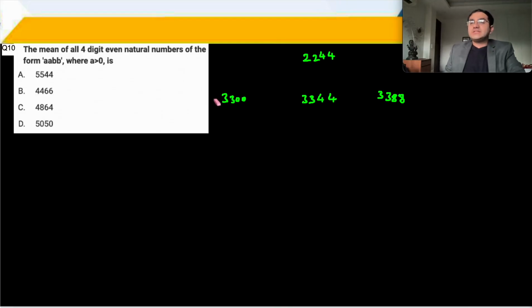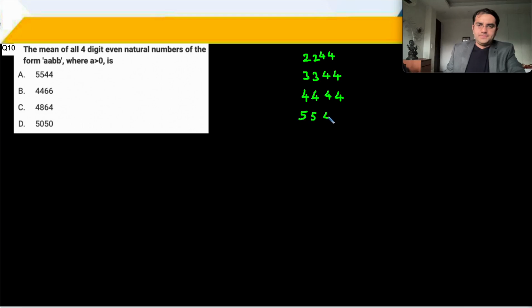Similarly, for the series starting with 3300, the middle value would be 3344. Then 4444, 5544, 6644, 7744, 8844, and 9944.